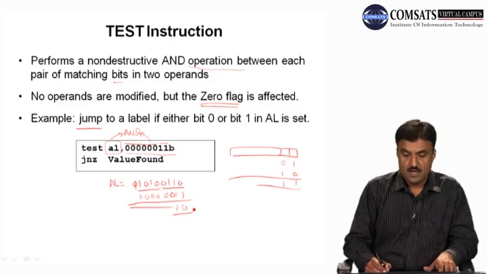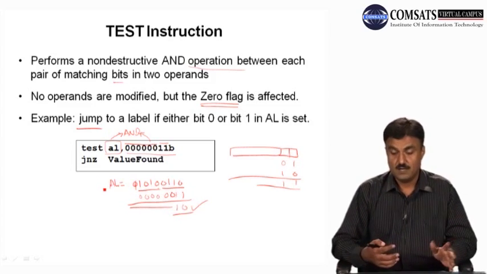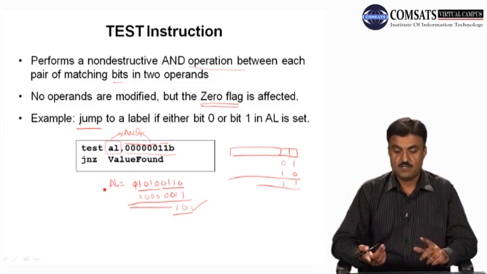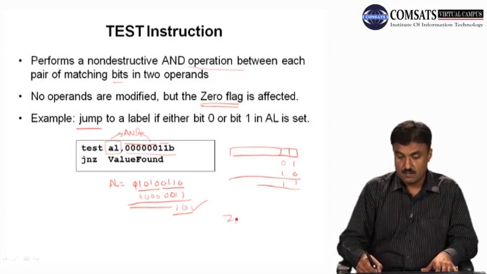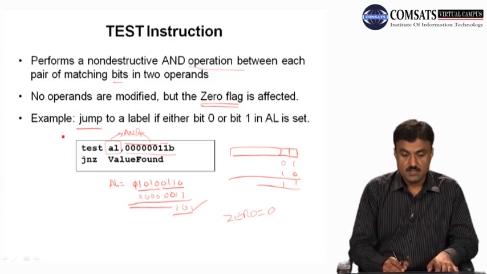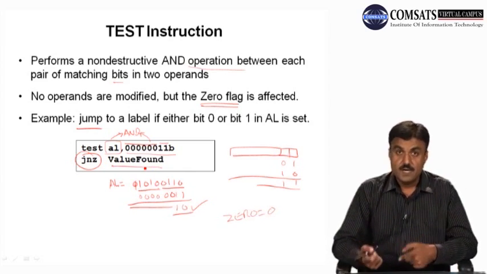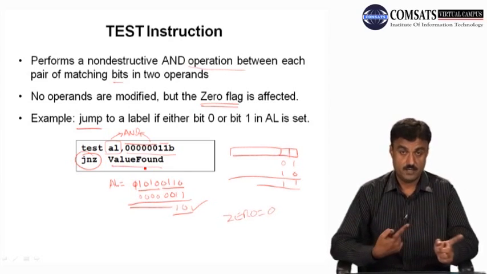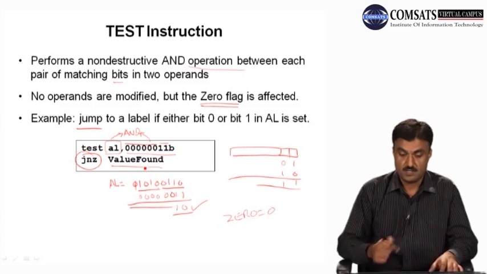This result will not be transferred into AL, but it will affect the flag register. If the result is not 0, then the zero flag is reset, or the zero flag will be 0. So for jump not zero to this label, it will jump to wherever this label has been defined.